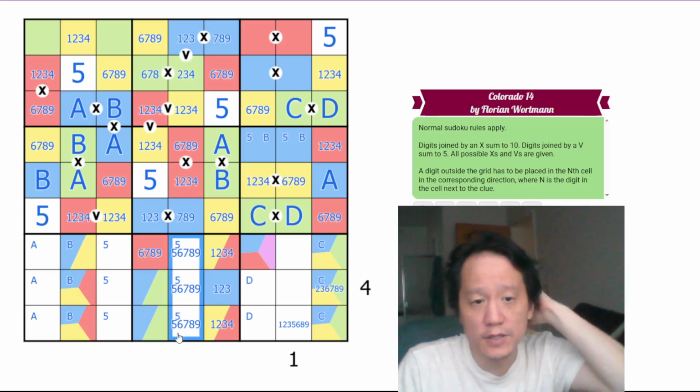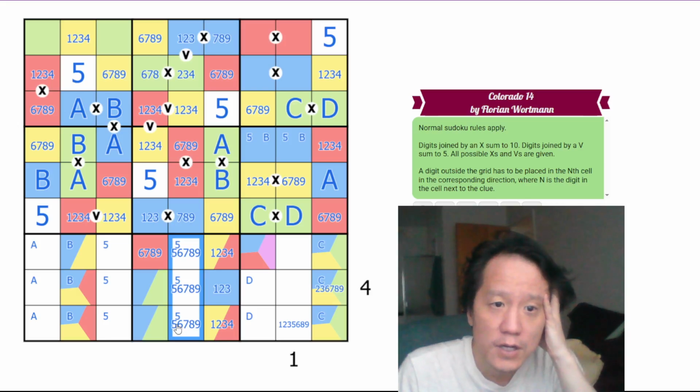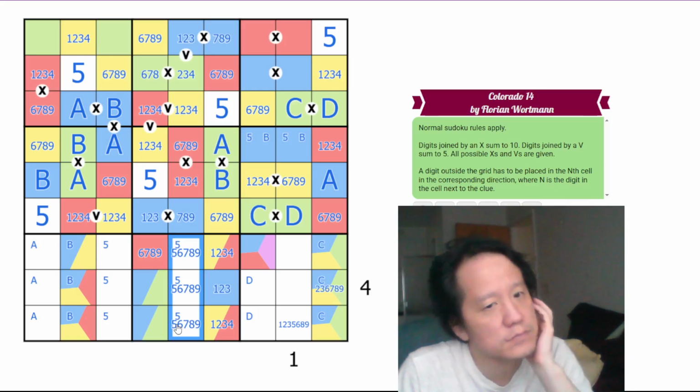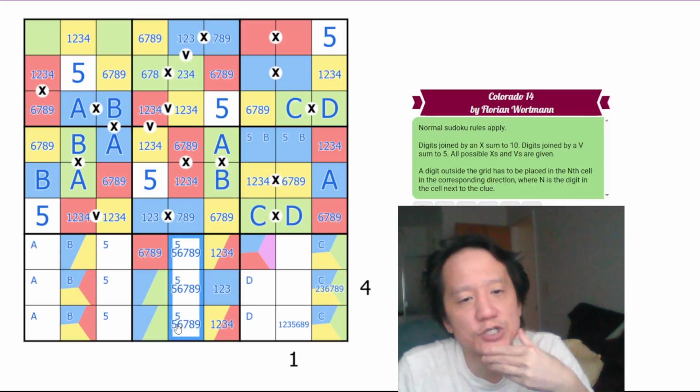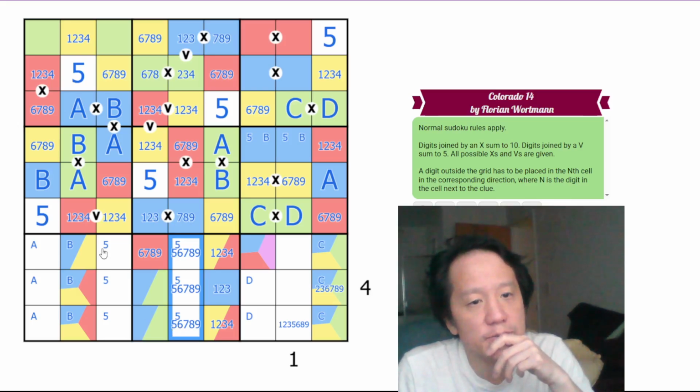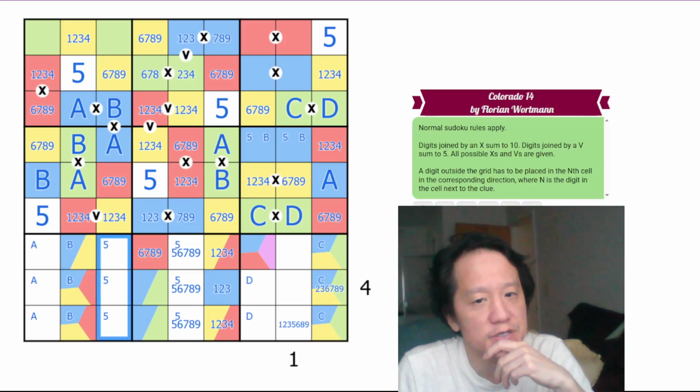Here we're missing the high yellow and the high green. But we don't know which one's which. This cannot be the low red. What are we missing here? We're missing red, green, and 5.